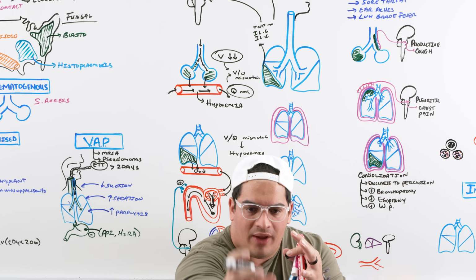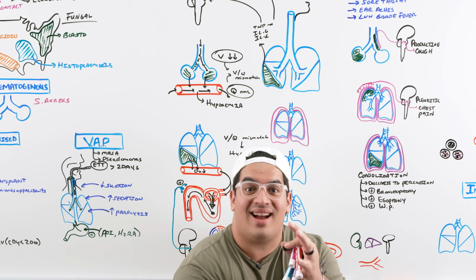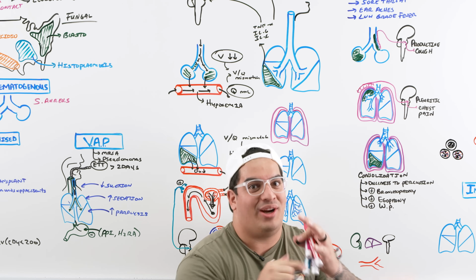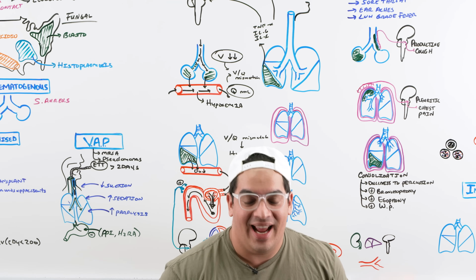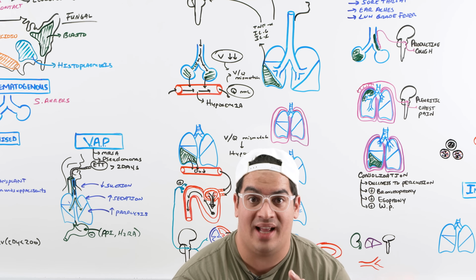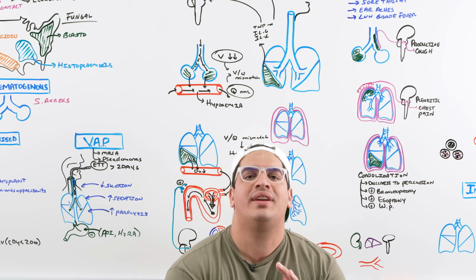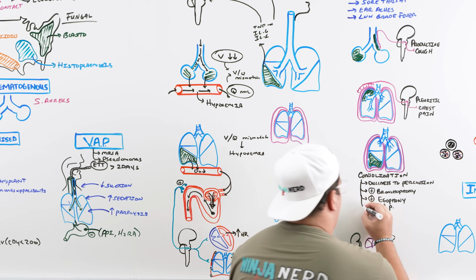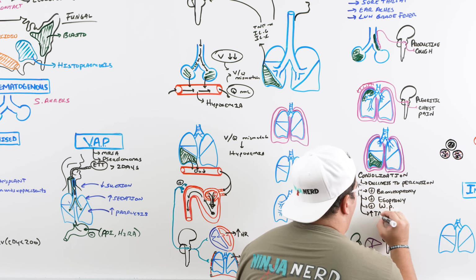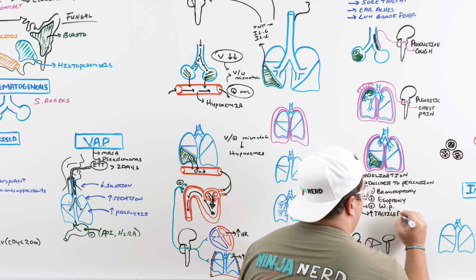When sound waves move through a fluid consolidation, the actual vibrations are intensified. So you'll feel that way more intensely in a patient who has a consolidation than in those with normal lungs. We call that increased tactile fremitus. So they will have increased tactile fremitus.